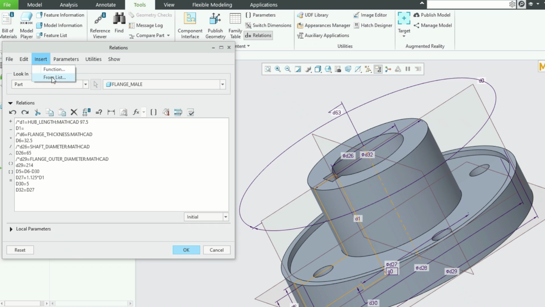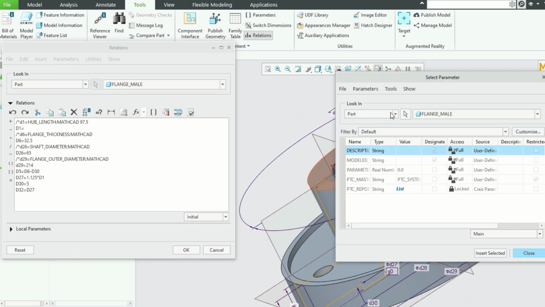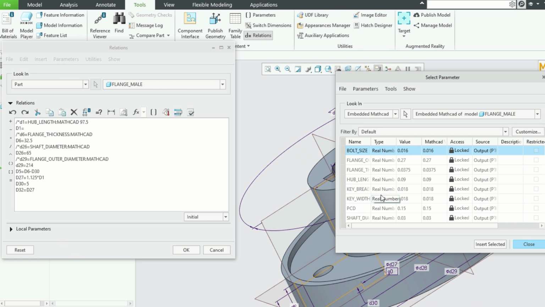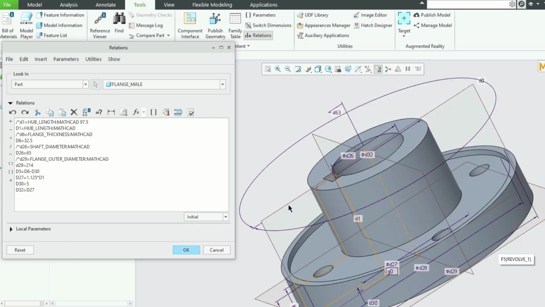Okay, insert from list and look in the embedded Mathcad for hub length. This is the parameter from that output list we have created. Insert it. Okay, and for D1 we have created.